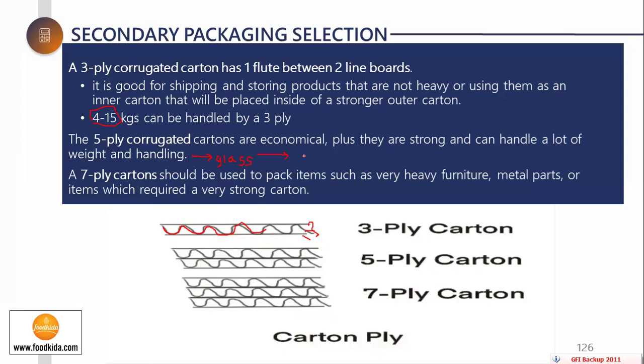Ideally, when we used to do it at Levers and Colgate, before finalizing the secondary and primary packaging, we used to conduct a transit trial test. But it is okay for corporate companies to spend that much money. For MSMEs, it's not always possible.